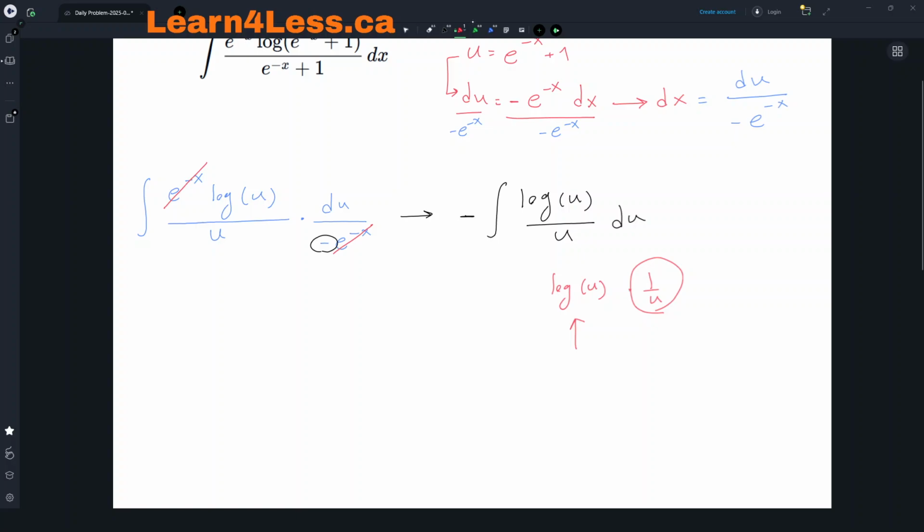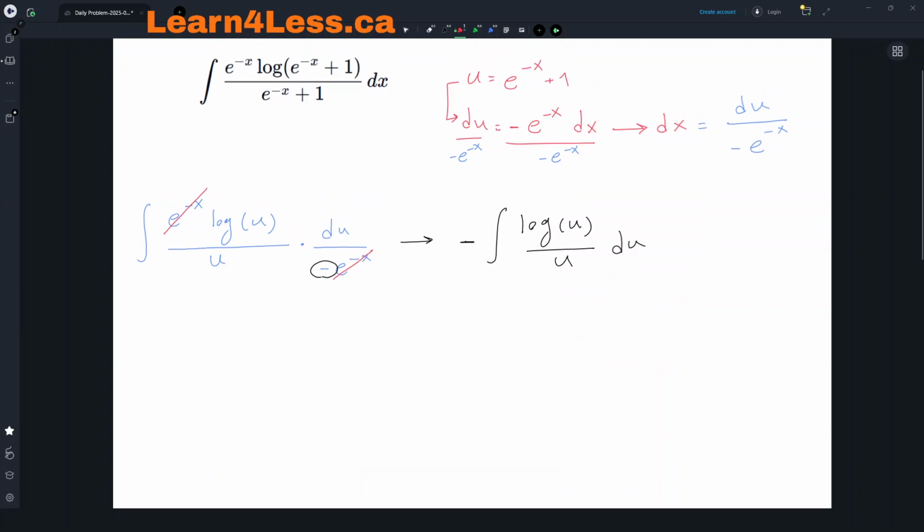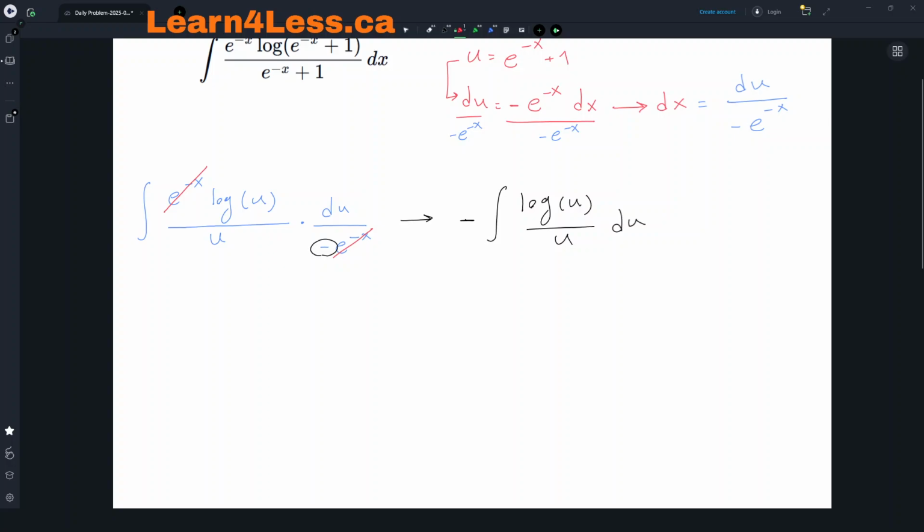Because I see the derivative of a function and a function multiplied by each other, I can think of U-substitution again. Just because I already used the letter u, I would come up with another parameter. Let's use t. So let's call log of u to be t.